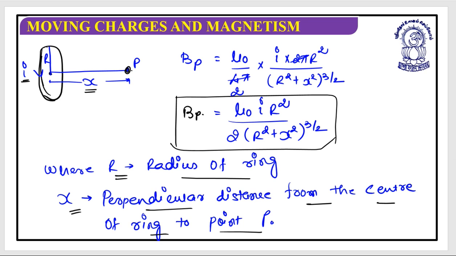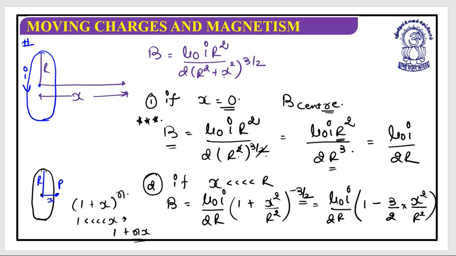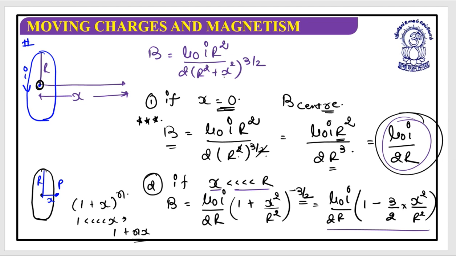Then we discussed certain cases. If X is 0, that means at the center, let's put X equals 0 and the magnetic field is mu naught I by 2R. If X is much less than R, then using the binomial theorem, it is mu naught I by 2R into bracket 1 minus 3 by 2 into bracket X square by R square.